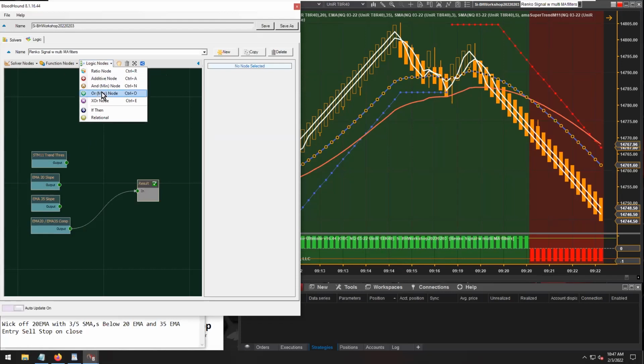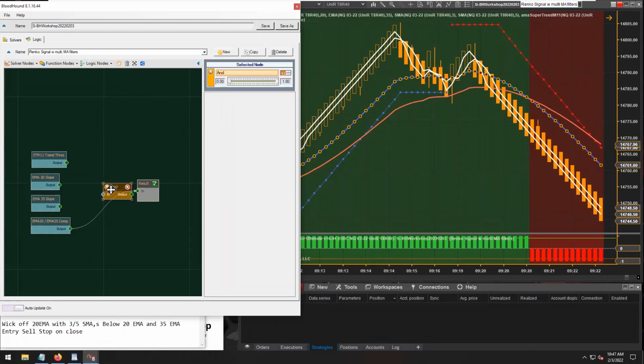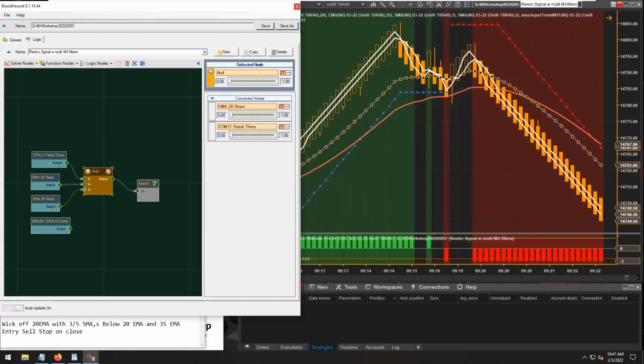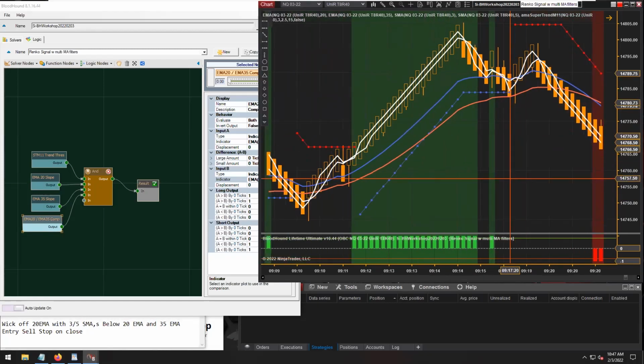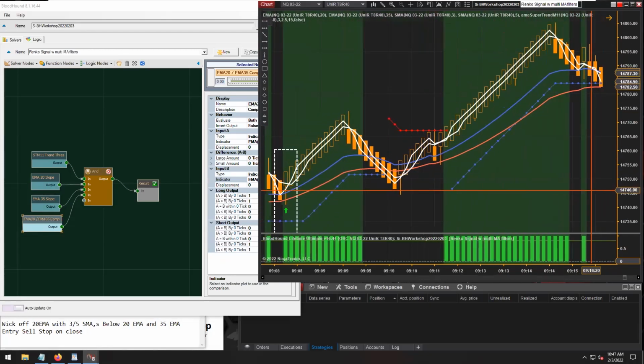So let's use the AND node. So we're going to grab an AND node and start connecting everything up. There we have it. So let's take a look here.